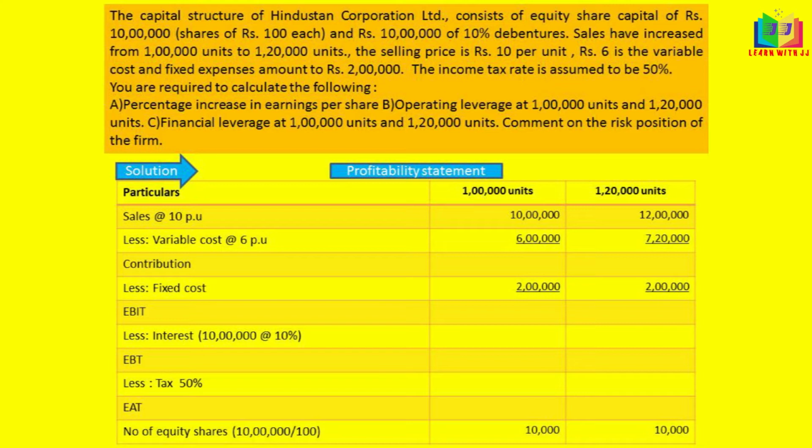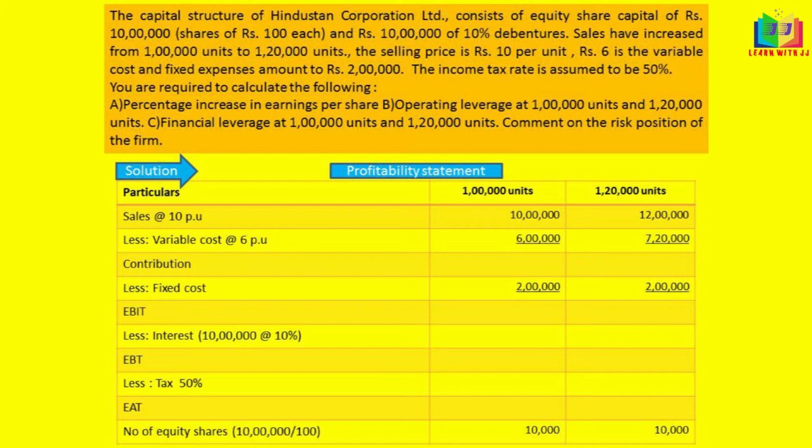Variable cost is 6 per unit, so 6 into 1 lakh is 6 lakh, and 6 into 1 lakh 20,000 is 7 lakh 20,000. The next information is fixed expenses, that is 2 lakh for both 1 lakh units and 1 lakh 20,000 units.